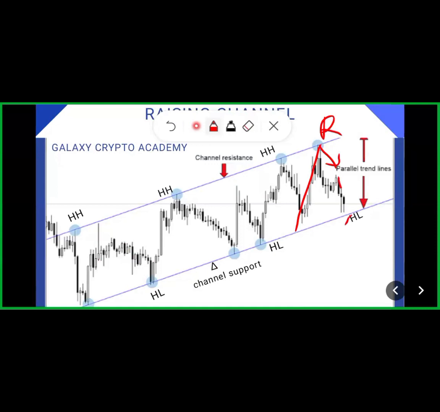Then it comes and breaks below this support. Then once it breaks below the support, it comes back and retests, and then continues down. That will be a trend reversal. It begins with a resistance, then subsequent breakdown or break of structure below the support, and then there will be a retest. A retest is the confirmation of the trend reversing to the downside.